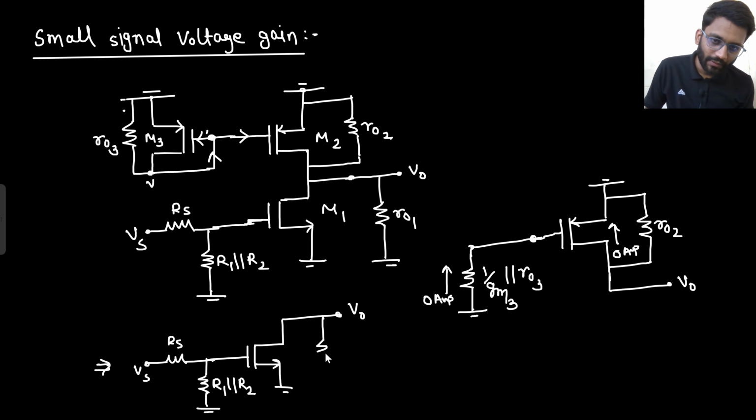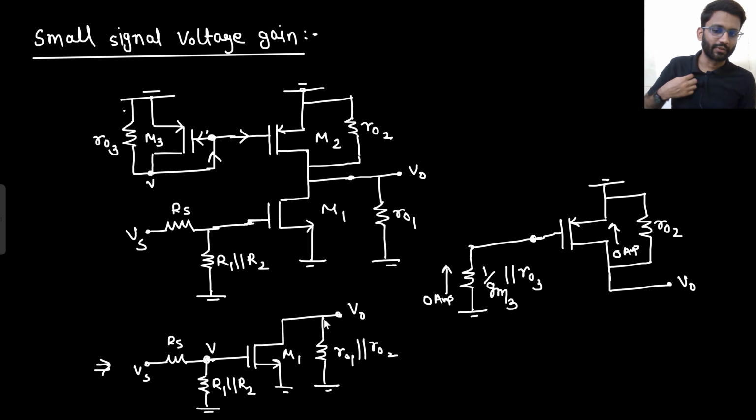So from V0 to ground, I see R01. From V0 to ground, I see R02. Now, whatever the potential that gets here into GM1 will be the current flowing. So then you can write down the gain. We have seen it in the common source amplifier, so no worries about that. This was our first, this was our second, this was the final circuitry. So I hope you are understanding it.